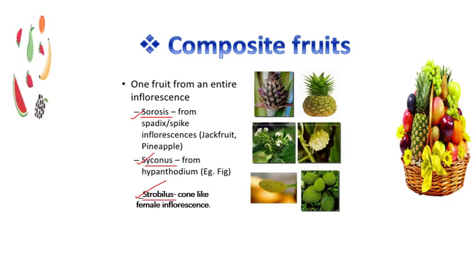So it is a composite fruit derived from a female spike, and is called Sorosis. Or simply we can say that the fruit that is formed from a complete inflorescence, and in this fruit the central axis becomes thick and fleshy, and the female flowers are changed into small fruits, and all of them take the shape of a single fruit.